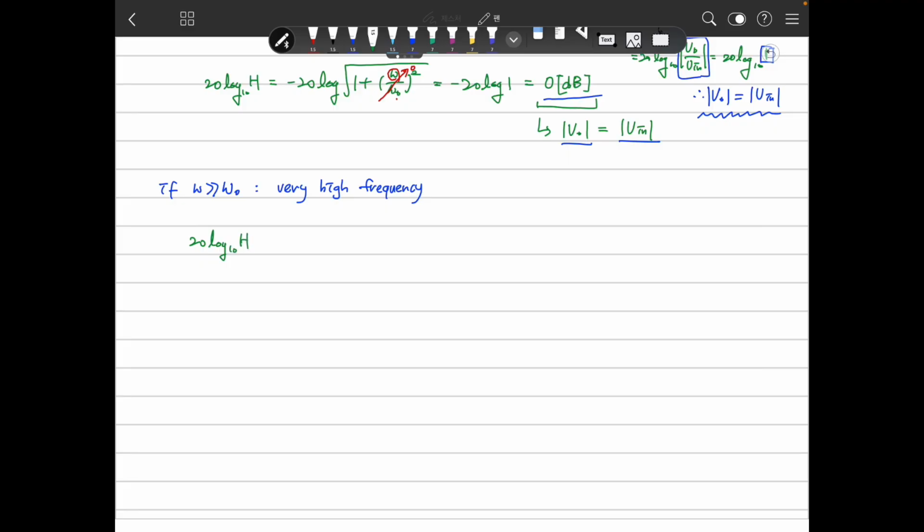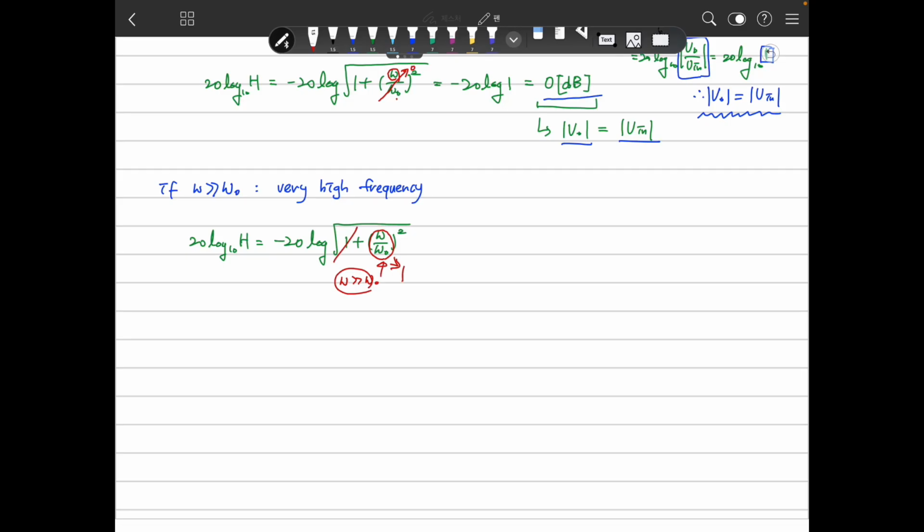The magnitude of the frequency response was minus 20 log of the square root of 1 plus (omega over omega 0) squared. In this case, this is a very high value, because omega is high compared to omega 0, so that value is very high compared to 1.